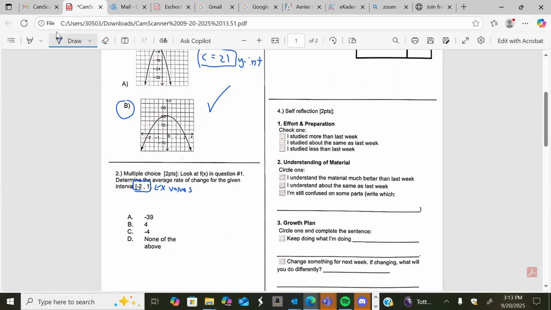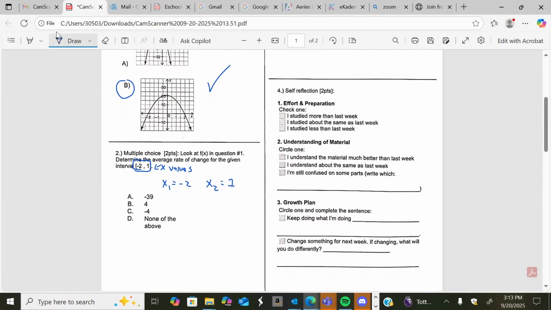It's not a coordinate pair. So I'm going to label my first x value as the left one, and my second x value as the right-hand side one. So x1 is -2, x2 is +1.